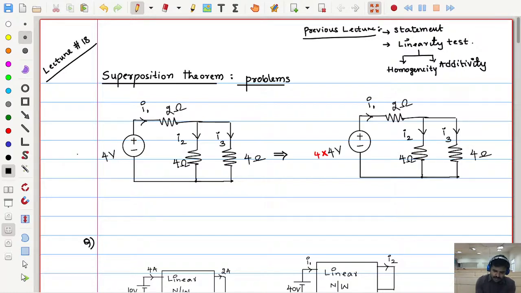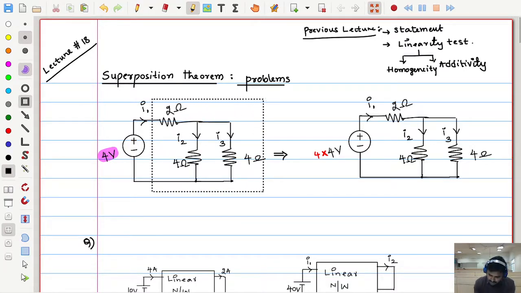If I have a simple source here, a 4-volt source, and this part of the network which I would like to highlight consists only of resistors. This is a resistive network, which qualifies as a linear system, so I can call it a linear network.